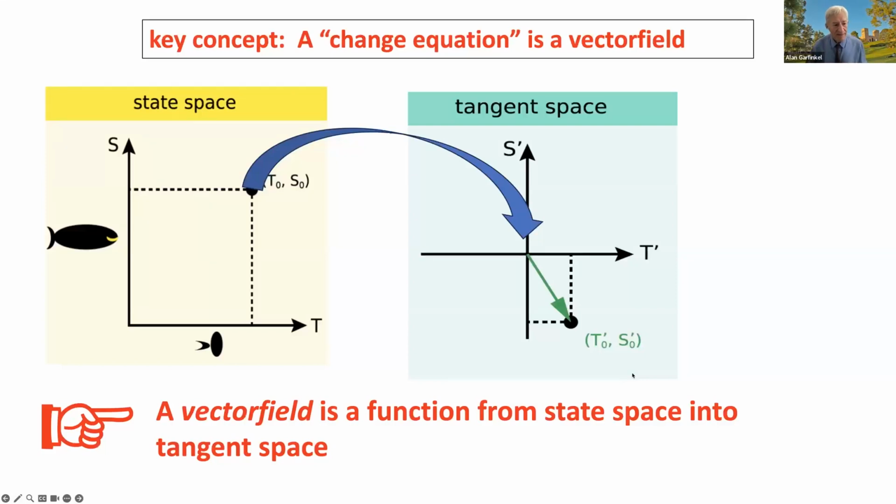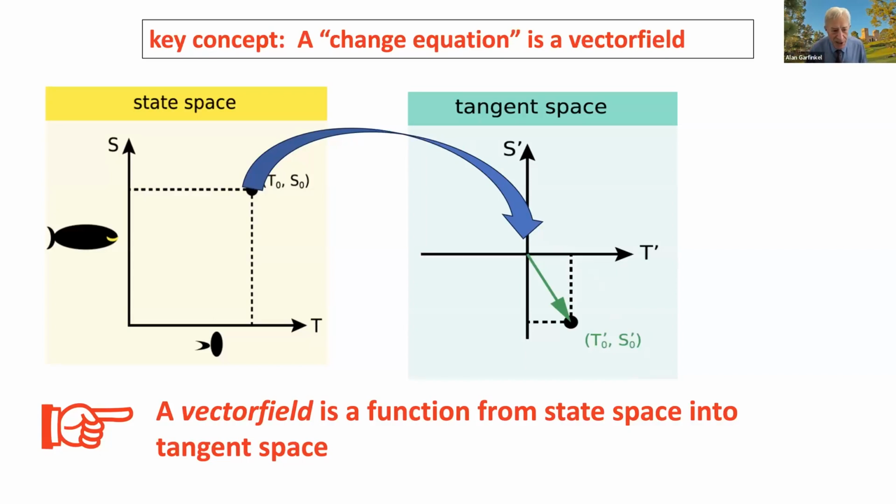So we have a new idea. Don't think of the change equation as a differential equation, because it's not an equation. We're not going to be substituting the square root of x on both sides. We're not going to be using equations.